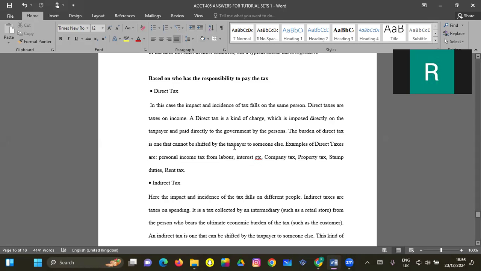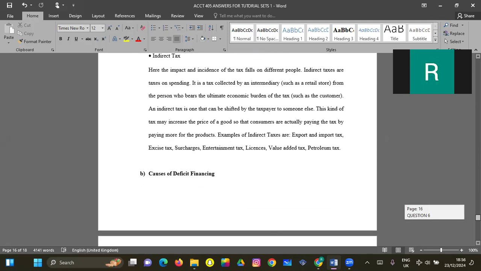Indirect taxes are taxes on spending. It is a tax collected by an intermediary, such as a retail store, from the person who bears the ultimate economic burden, such as the customer. So basically, these are some of them.